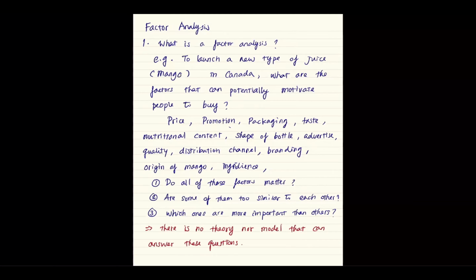So once you look at this list of factors, well, of course, I'm an instructor. I teach you this thing. If I put this question in the exam, you can think about it. How do I decide who will get a higher mark? Because there's no way I can verify.